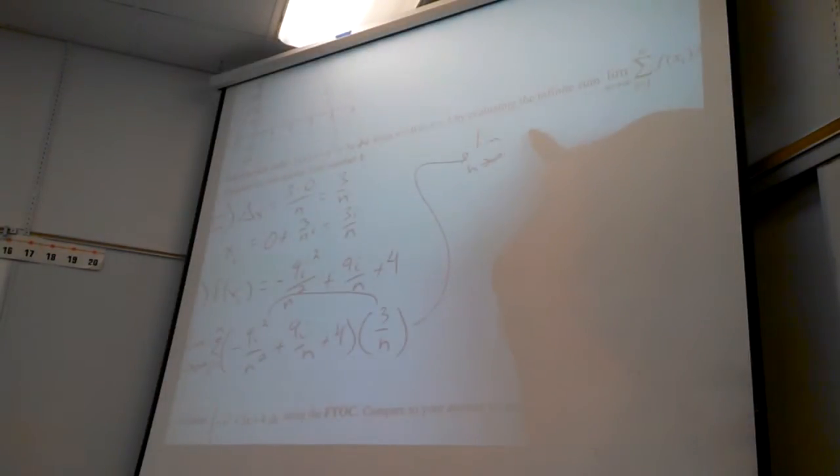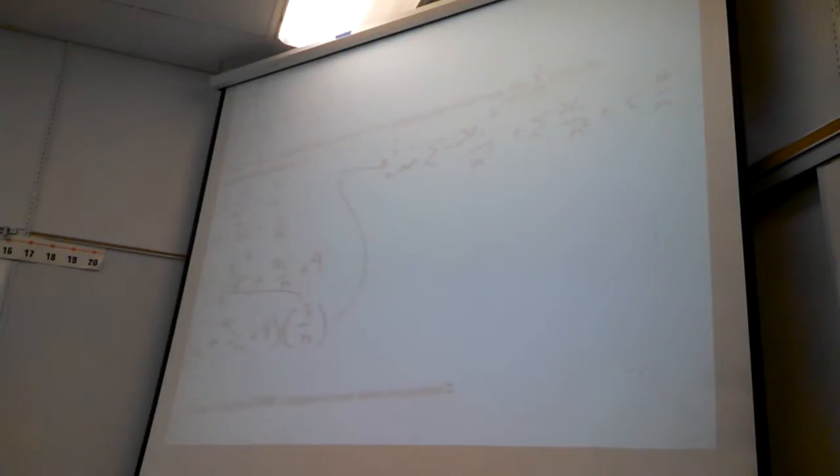So if I split these up, and I'm just going to use the quick notation here, not perfect, I get this here, right? Plus the sum of 27i over n plus the sum of 12 over n squared. Right, distribute that 3 over n through.